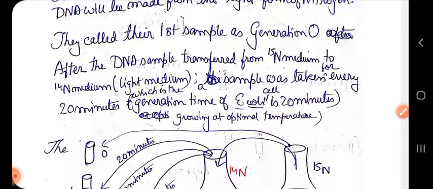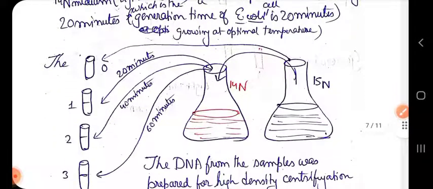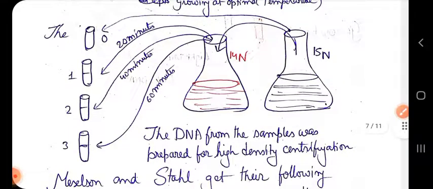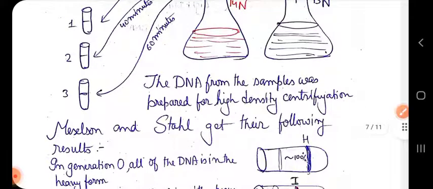So each 20 minutes we isolate a sample and name them generation 1, generation 2, generation 3, generation 4, and so on. We do the density gradient centrifugation and check them. So the DNA samples were prepared for high density centrifugation now.